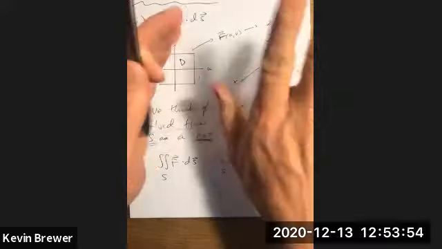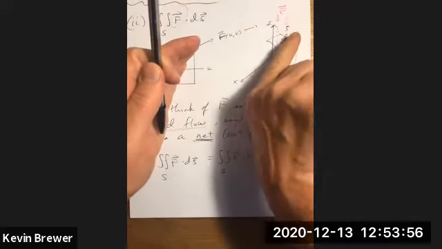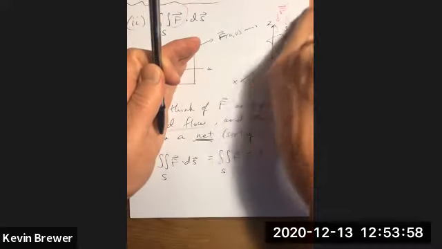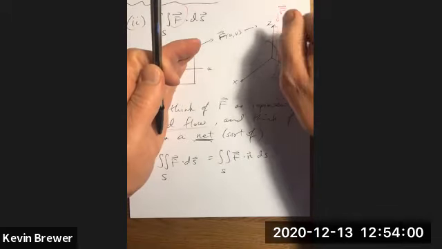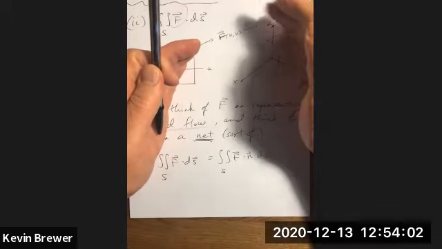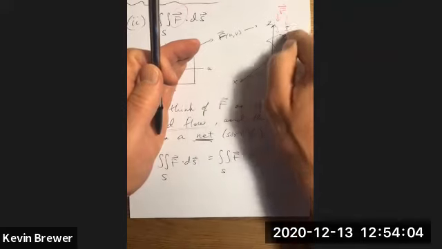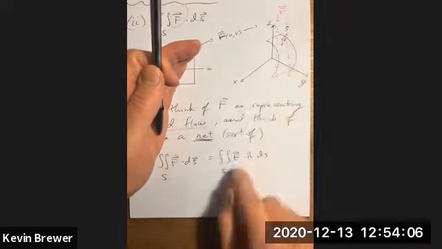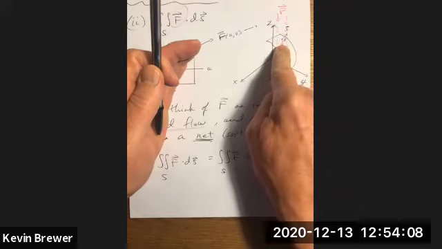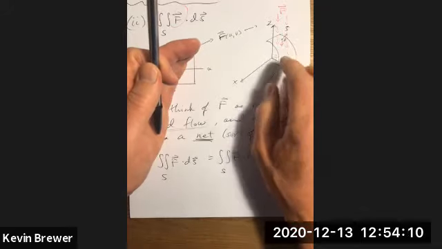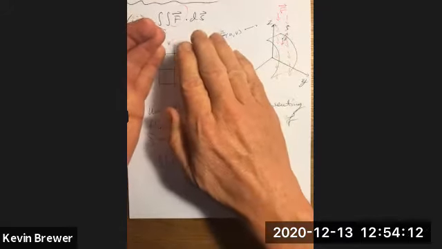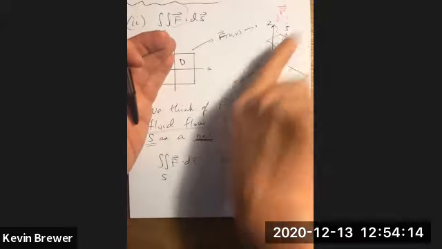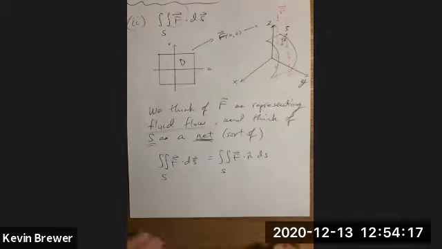So outward's not quite the right word. The normal vector points in this direction, but the vector field is moving from this side to the other side. So that would give us a negative dot product, indicating that the vector field is not flowing in this direction, it's flowing in the opposite direction.